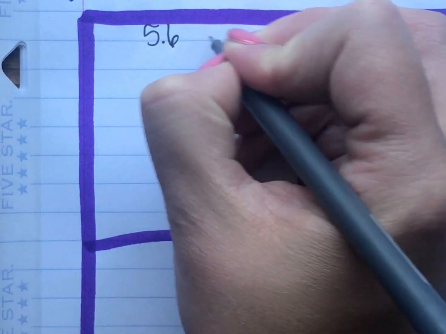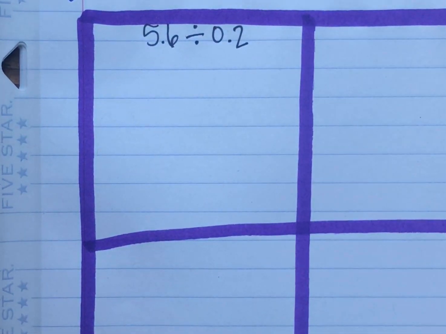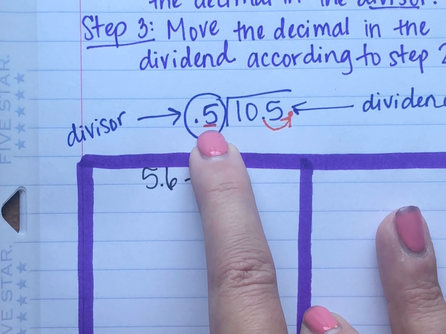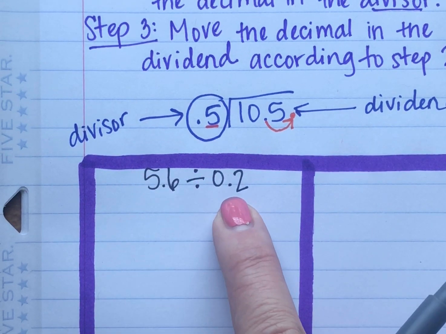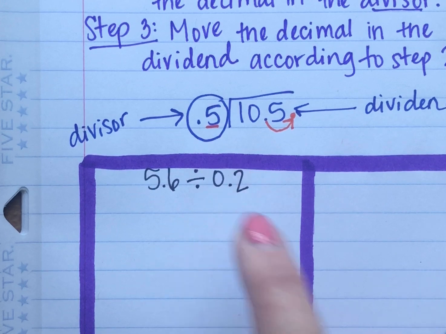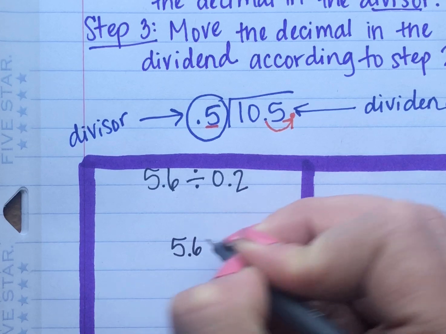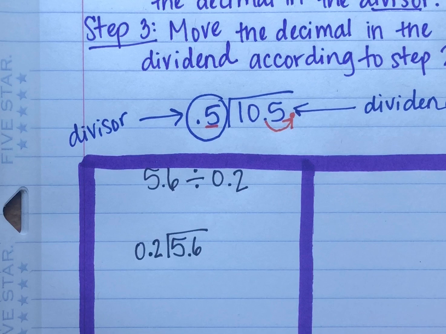So let's start with 5.6 divided by 0.2. Number 1, we have to know which one's the divisor and which one is the dividend. So the divisor is the thing that you're dividing by. So I'm dividing 5.6 by 0.2. So this is your divisor. That means that 5.6 would be on the inside of our division problem, and 0.2 would be our divisor.